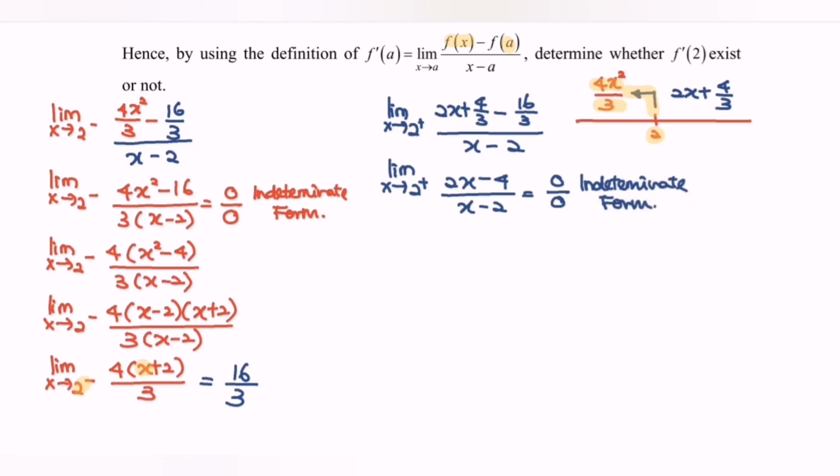So I am going to factorize: I factor out the 2, and we will have 2 times (x minus 2) over (x minus 2). After we simplify, we will have 2 as the function. Finally, when x approaches 2 from the right, the value of y will be approaching 2.